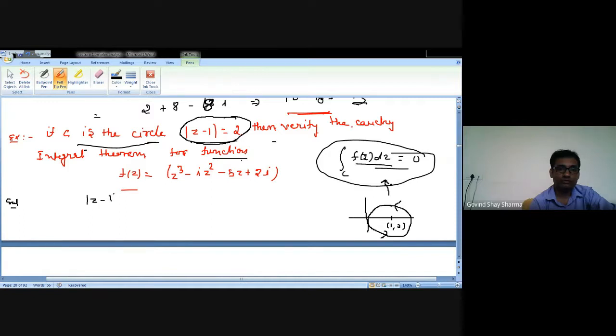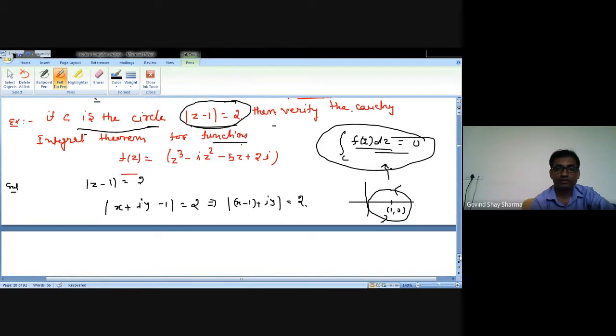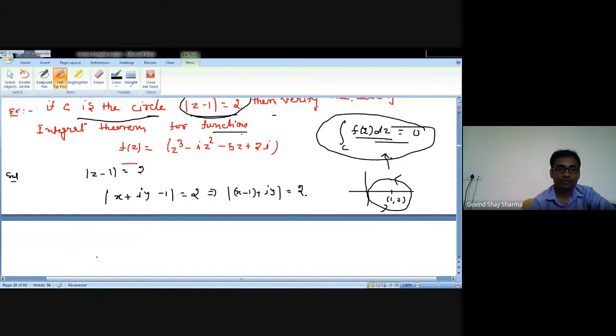|z minus 1| is equal to 2. Put z equal to x plus iy, so z minus 1 is x minus 1 plus iy, with modulus 2. So (x minus 1) squared plus y squared is equal to r squared, with r equal to 2.